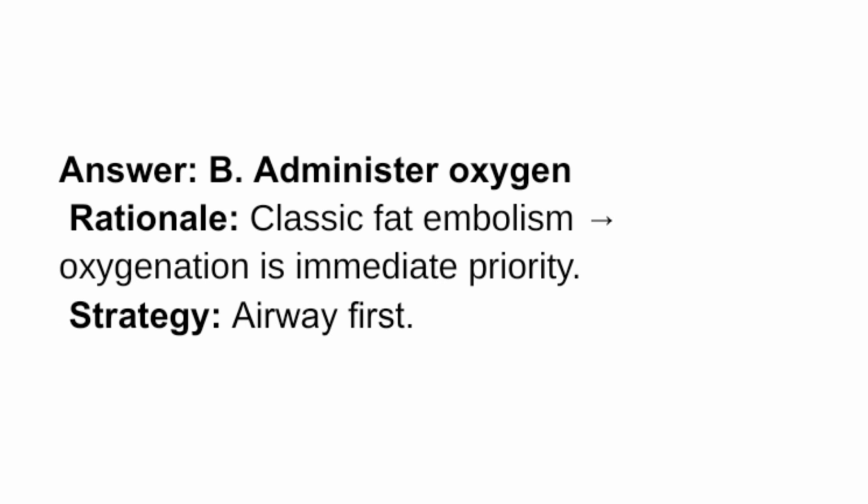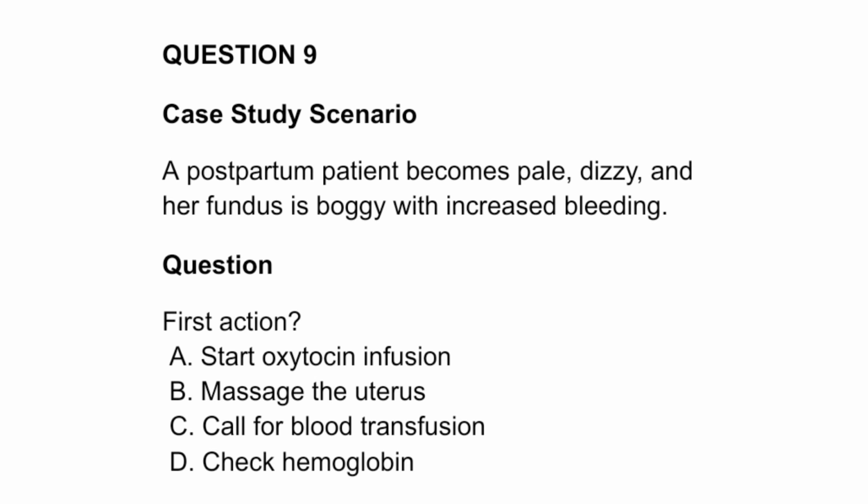Answer: B. Administer oxygen. Rationale: classic fat embolism, oxygenation is immediate priority. Strategy: airway first. Question 9. Case study scenario. A postpartum patient becomes pale, dizzy, and her fundus is boggy with increased bleeding.